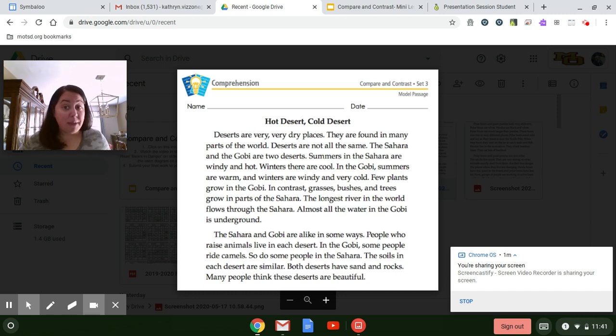So, I'm going to go ahead and read this article to you. It's called Hot Desert, Cold Desert. In this article, they're talking about two different deserts that we have here in our world. One is the Gobi Desert, and the other is, I think, the Sahara Desert.